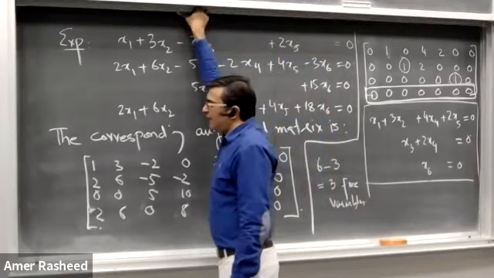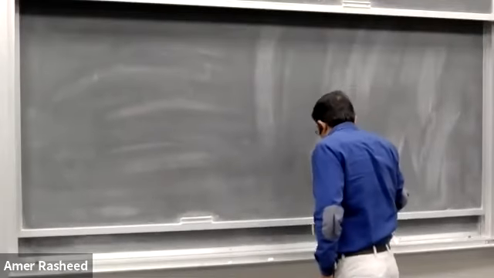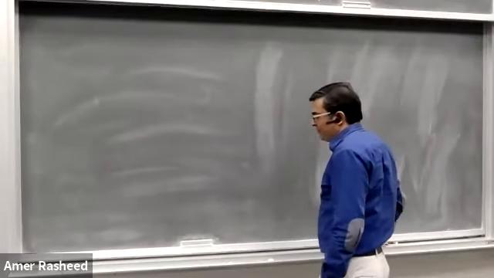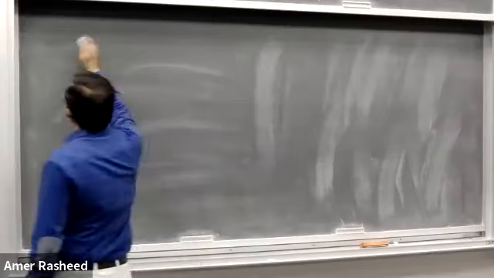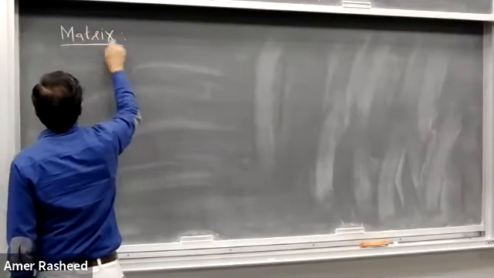Now, I hope you know what a matrix is and some of the basic properties of matrices. I'm not going to tell you. For example, let's review the definition of a matrix.